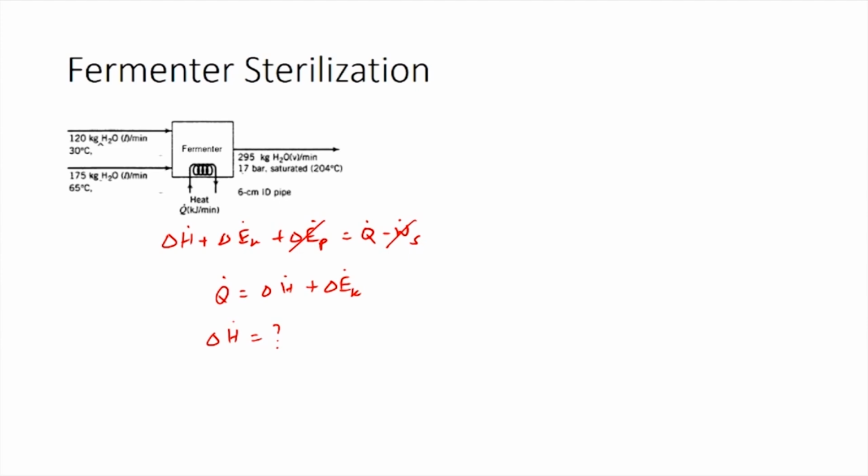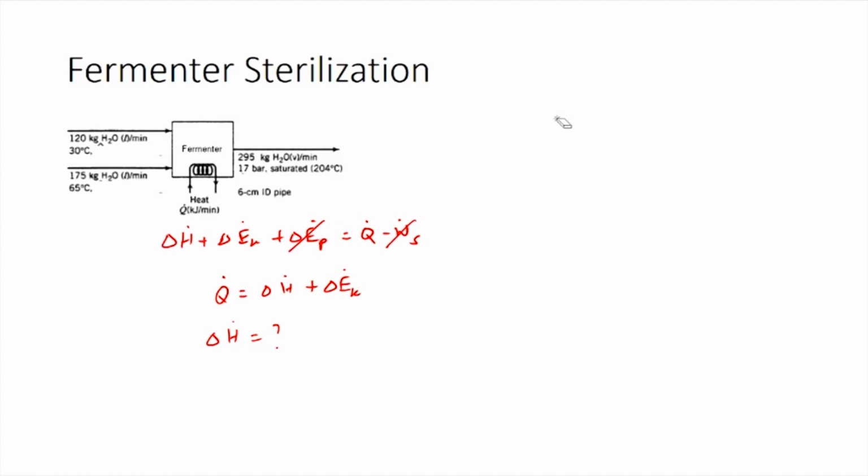Please go back and refer to steam tables from one of the textbooks, or if you have access to some other steam tables, please refer to those to identify the enthalpies for the inlet streams, which are liquid water at 30 degrees Celsius and liquid water at 65 degrees Celsius. You would also have to identify the specific enthalpy for saturated vapor at 17 bar, which is your exit condition.